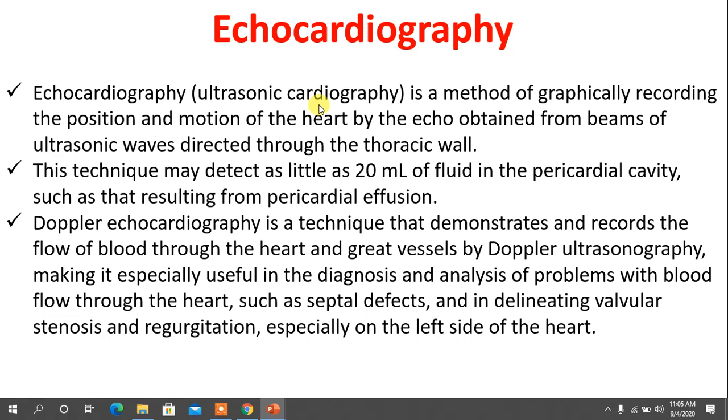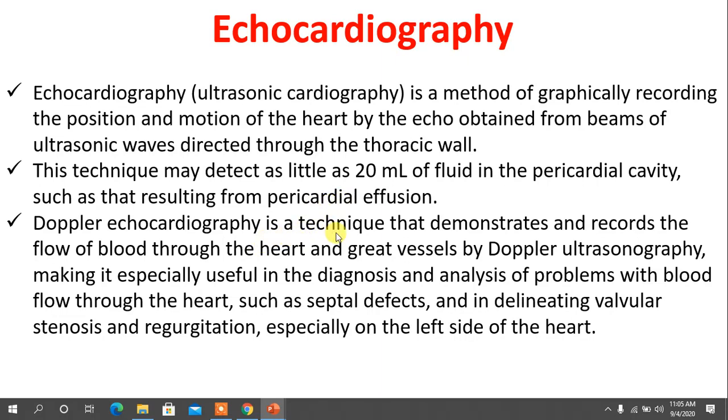Echocardiography is an ultrasonic cardiography method of graphically recording the position and motion of the heart by echo obtained from beams of ultrasound waves, similar to the ultrasound waves used for investigation of the abdomen or other things. The technique may detect as little as 20 milliliters of fluid in the pericardial cavity resulting from pericardial effusion.